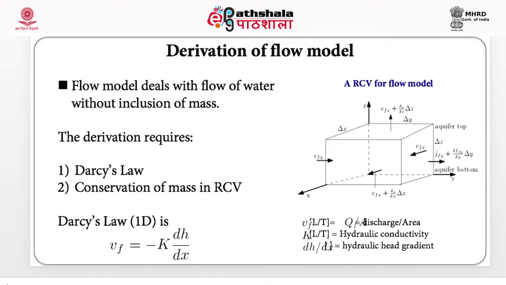The ratio dH by dx is also called the hydraulic head gradient, and it defines the direction and how rapidly the flow will take place. The negative sign in front of the equation states that the flow is from higher head towards lower head. That was Darcy's principle, which is required for derivation of the flow model.